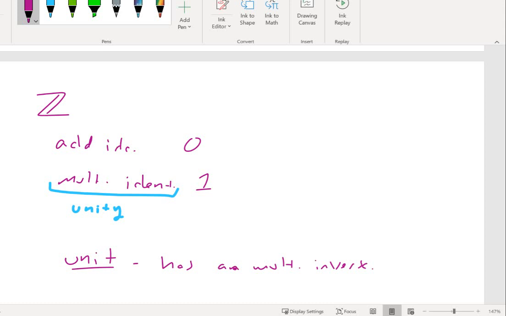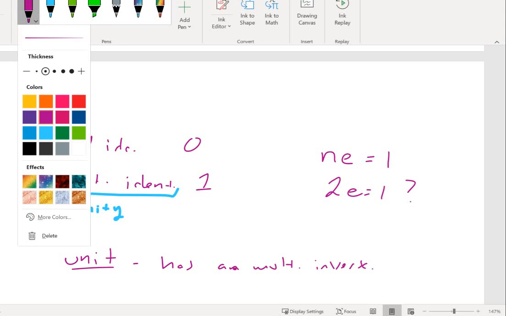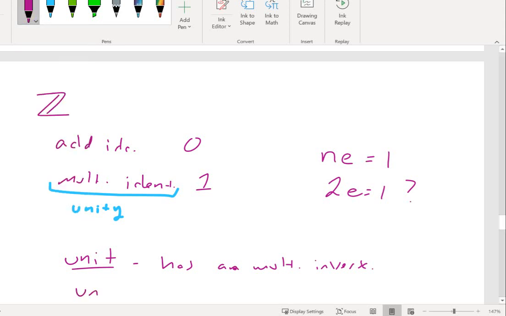To have an inverse, you need whatever integer times whatever its inverse is to equal the identity. So if you look at 2, 2 times what equals 1? Nothing, not in the integers. So the only units in the integers are 1 and -1.